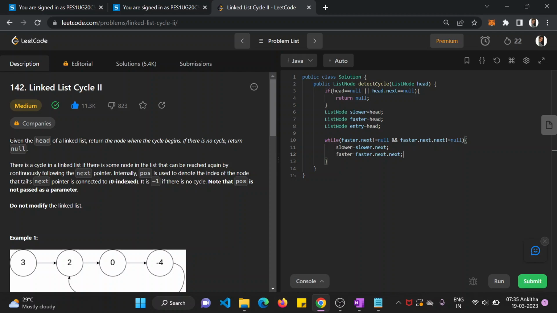Here we have to check if slower equal to faster.